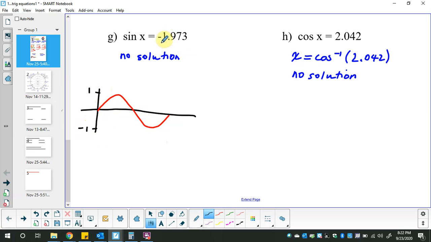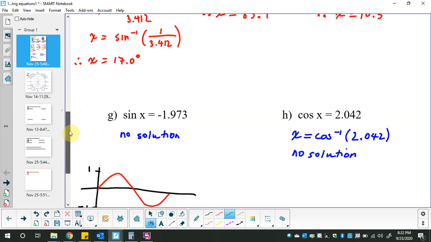So when I give you a value of negative 1.793 and ask you where it runs into the graph, you can't find a spot.